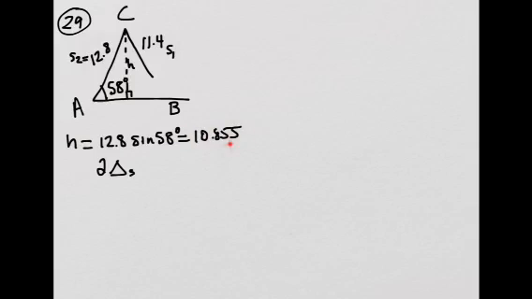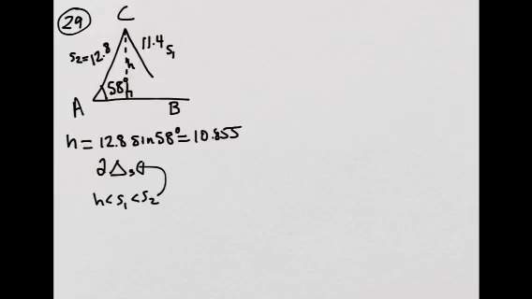It's 10.855, and since H is smaller than this one, then I know that there's two triangles, because side 1 length is between the height and side 2. So that's why you have two triangles.